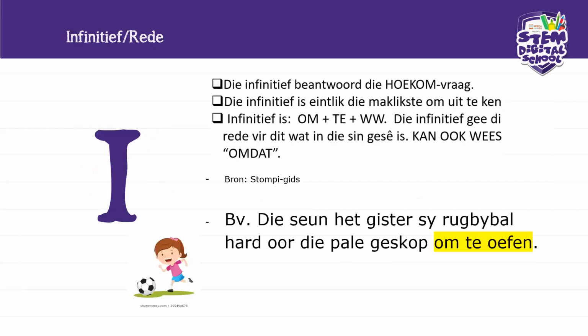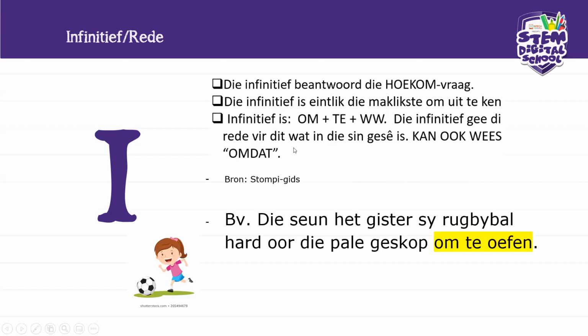And let's go on. Then the last one, the I in Stompie, which would be the infinitive, that stands for the reason the action is taking place. It answers the hoekom vraag, also from the Stompie-GIDS. This is the most easy thing to see in the sentence, and this is an important part. Die infinitief is om plus te plus die werkwoord, which means the infinitive will be the words om plus te and then the verb.